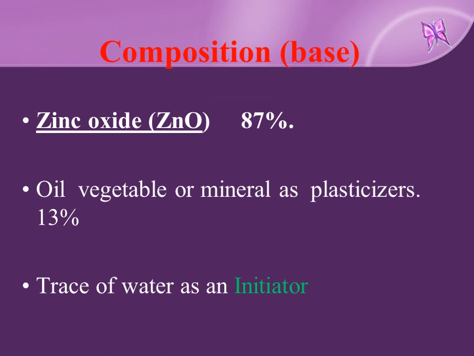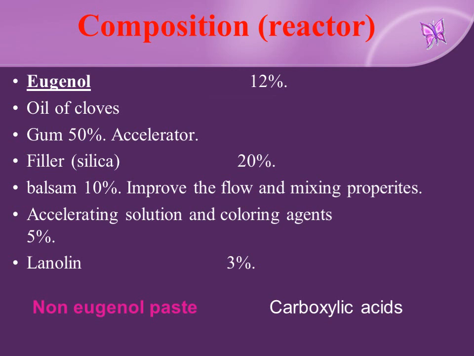Composition of the base: zinc oxide, oil, vegetable or mineral, as plasticizers, traces of water as an initiator. Composition of the reactor: eugenol, oil of cloves, gum as an accelerator, filler, silica, balsam, to improve the flow and mixing properties, accelerating solution and coloring agent, lanolin.